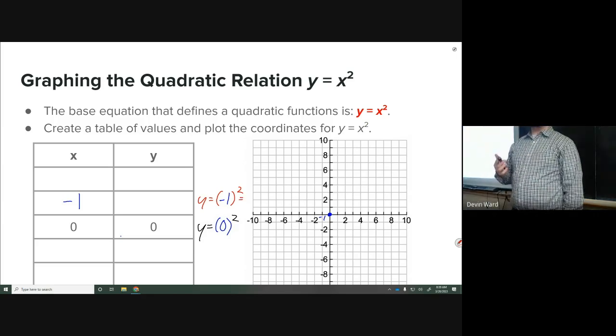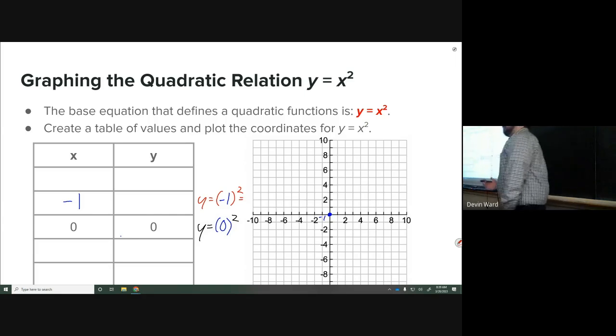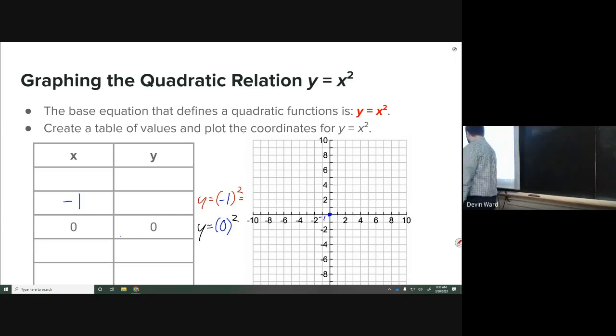But -1 squared, that's going to be -1 times -1. And what's negative times a negative? It's going to be positive. And then what's 1 times 1? Just 1. So when x is -1, y will be +1. So then at -1, I'll go up to +1 and do a dot.